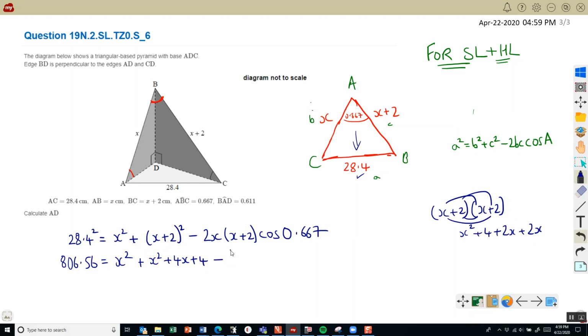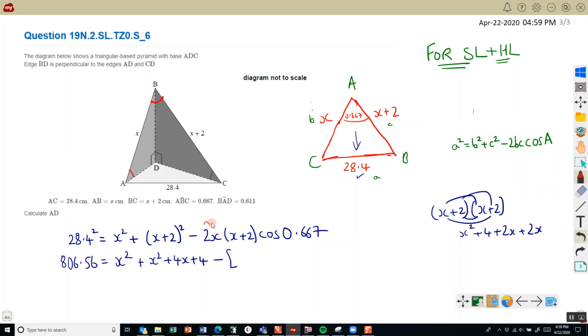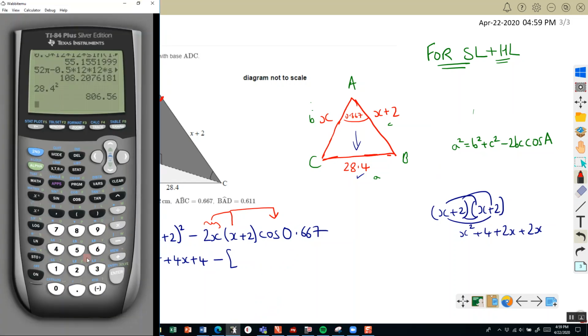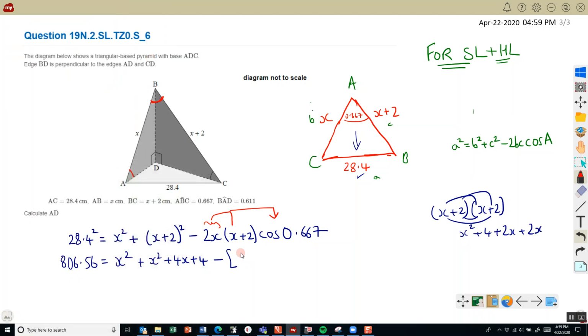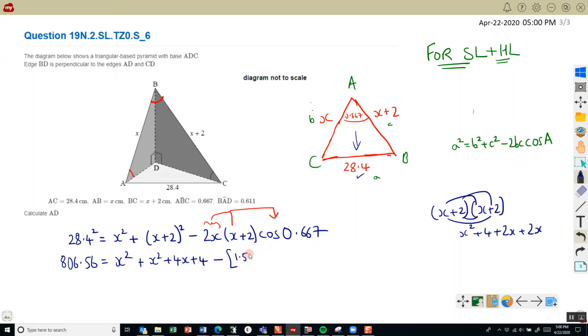Now I need to be careful here. I've got minus 2x multiplied by x, and it's also multiplied by cos of 0.667. What's 2 multiplied by cos of 0.667? 1.571. Fair enough. So 1.571 x squared.